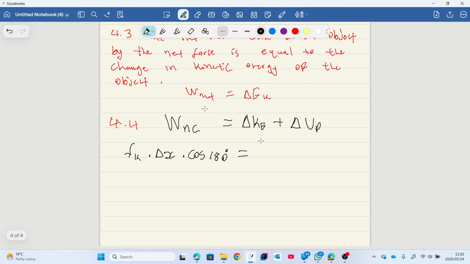Okay. Now, the change in kinetic energy is going to be half. I'm just going to put them in brackets so that you can differentiate between change in K and change in UP.